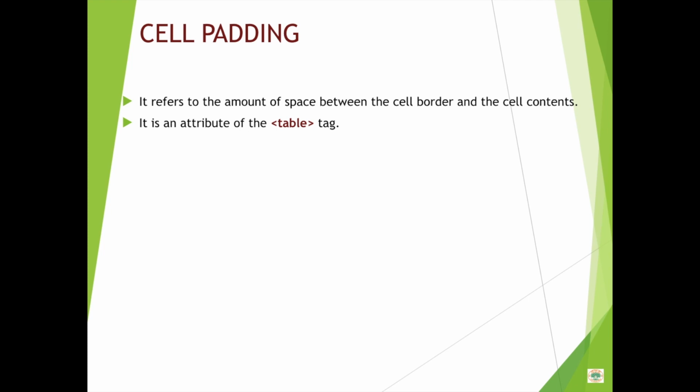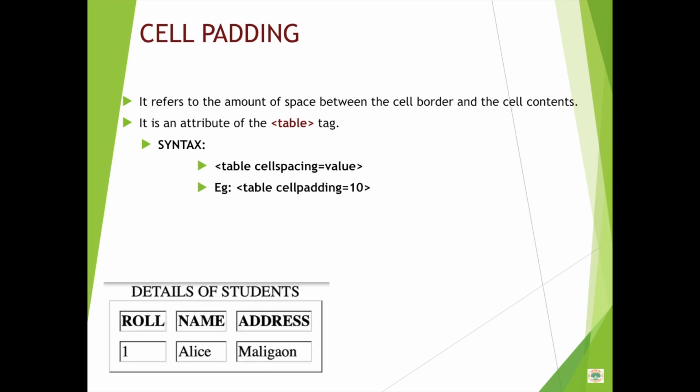What is the syntax or what is the rule? Table cell spacing equals to value. For example, table cell spacing, here it should be cell padding. So, table cell padding equals to 10. Here this is without using cell padding.